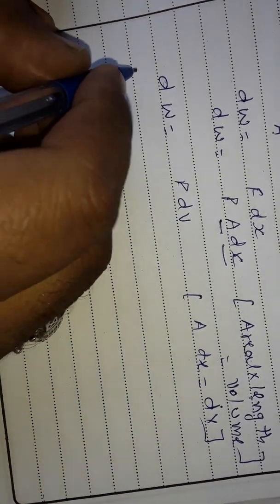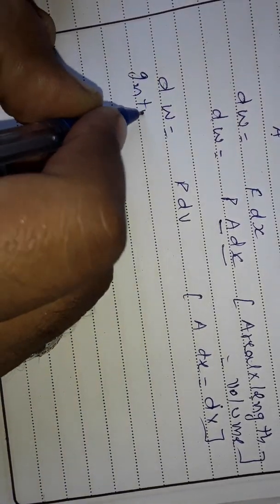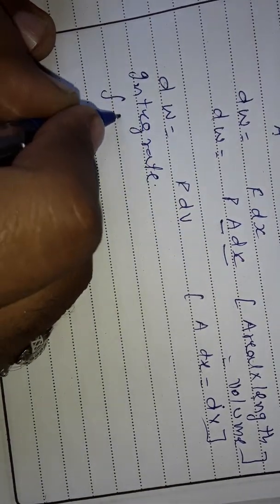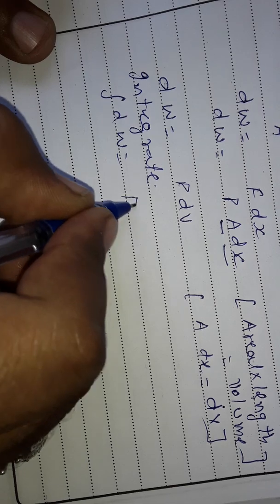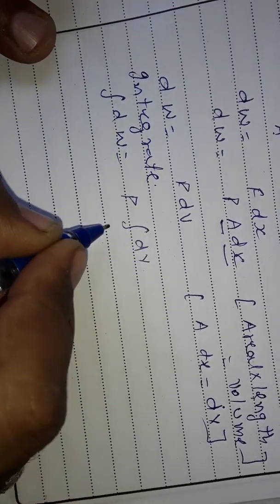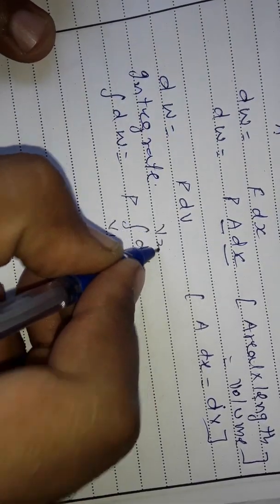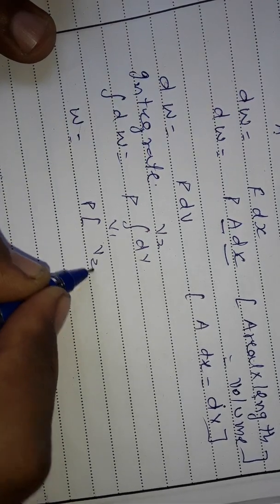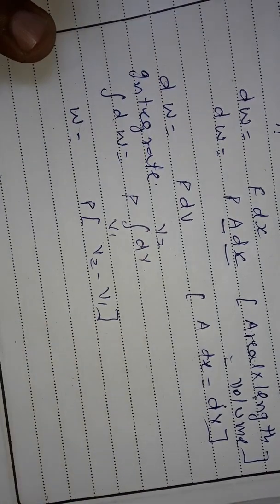To calculate the total amount of work done, we can integrate dW equals P into dV, with initial volume V1 and final volume V2. So W is equal to P into (V2 minus V1).